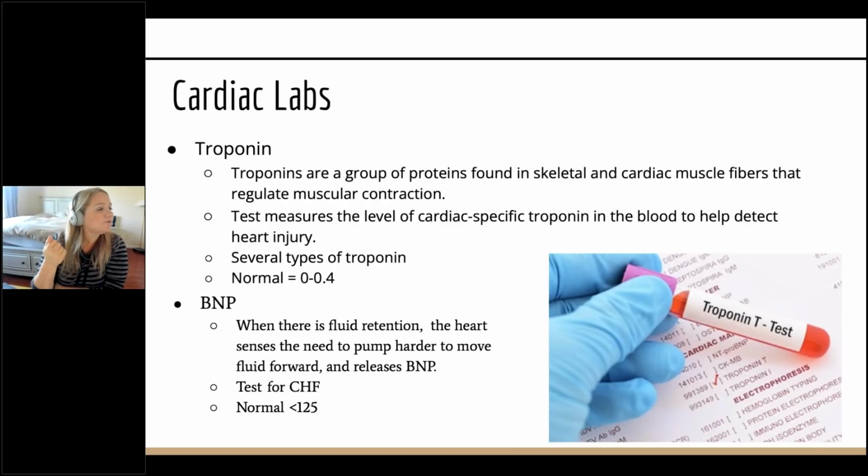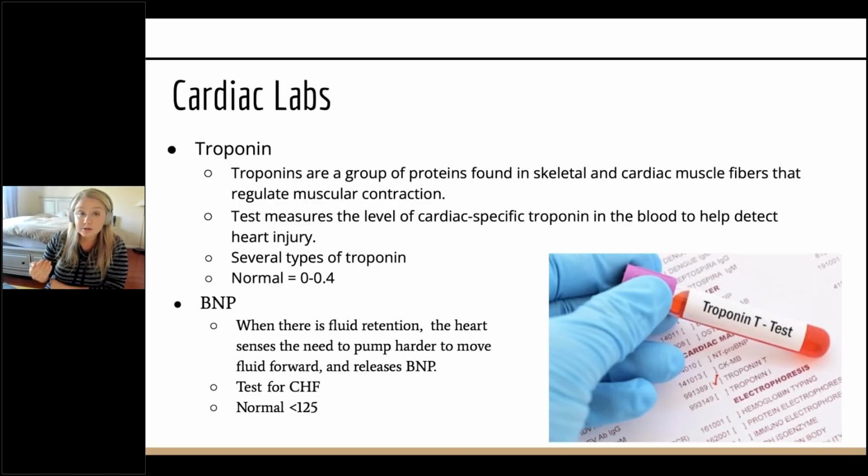So troponins are very useful for helping us figure out if a patient has had a myocardial infarction. The higher the troponin, the more sure we are they've had a heart attack. Normal troponin levels are super low, like 0 to 0.4, hardly even there. The higher they get, anything above that 0.4, we start to be really suspicious of that myocardial infarction.